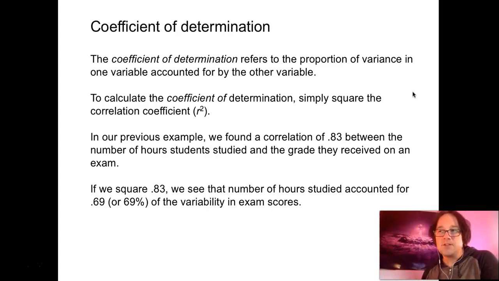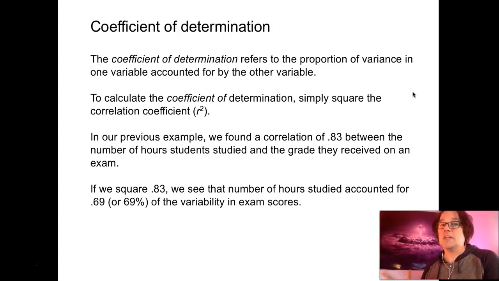But let's just say you got a 100 on the exam. I would say, well, 69% of that 100 I can explain by how many hours that you studied. And then I would have to say, I don't know where the other 31% comes from.